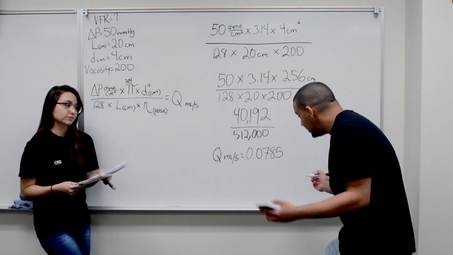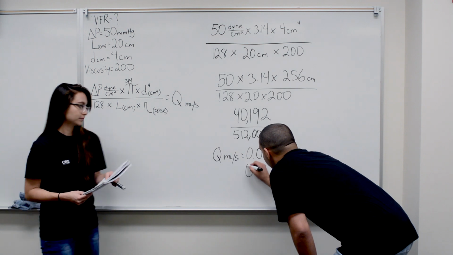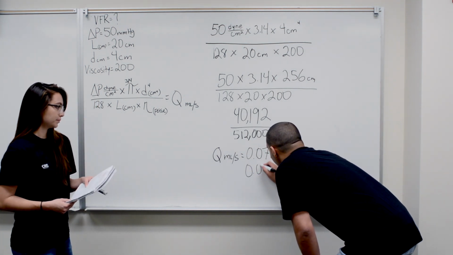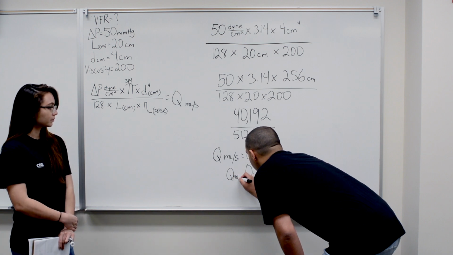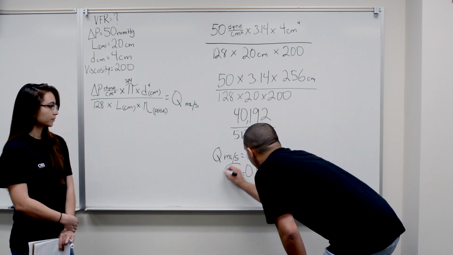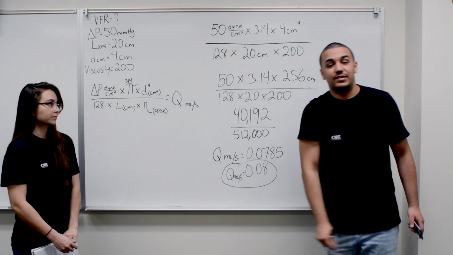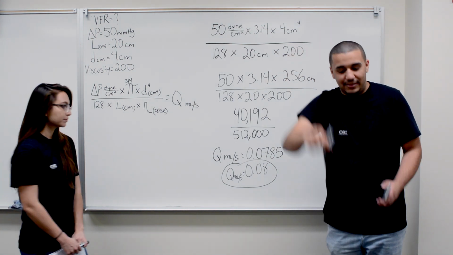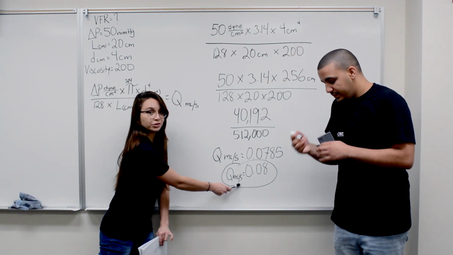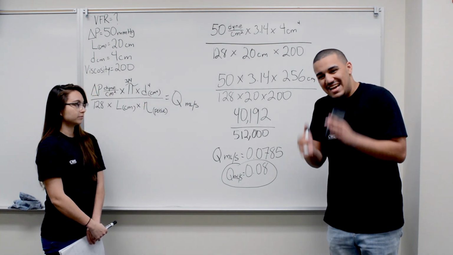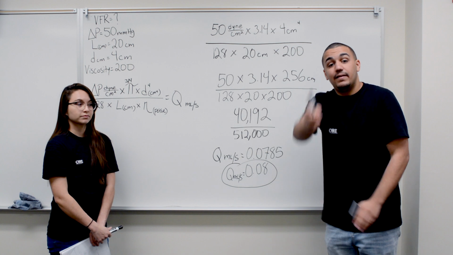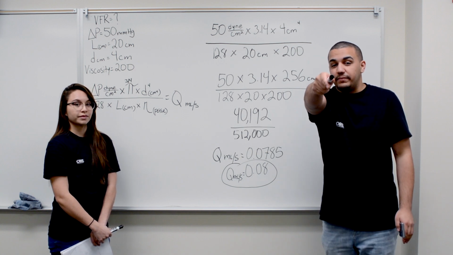But if you want to make it simple, your volumetric flow rate equals 0.08 Q mL/s. This is your answer. Guess what you just did? Don't forget, when you write your answer down, put your units. Never forget. But you just solved for volumetric flow rate. Bravo.